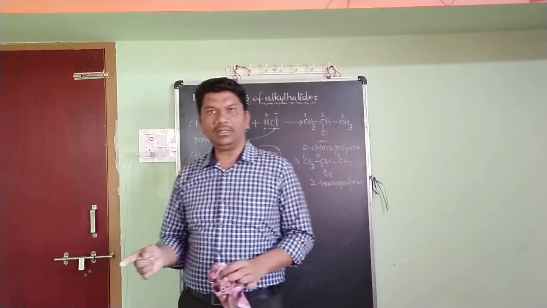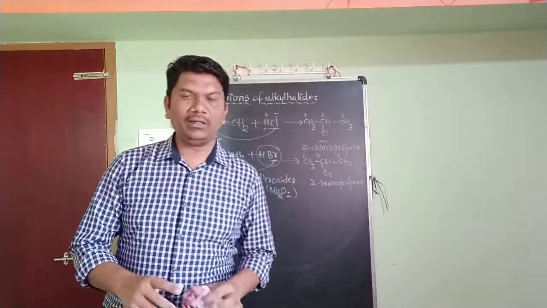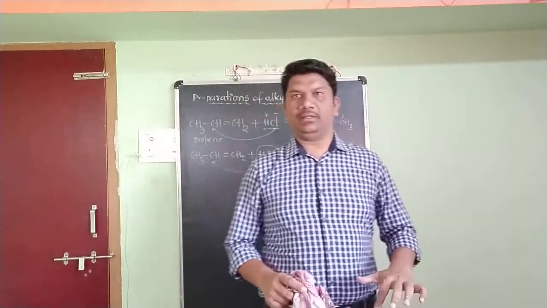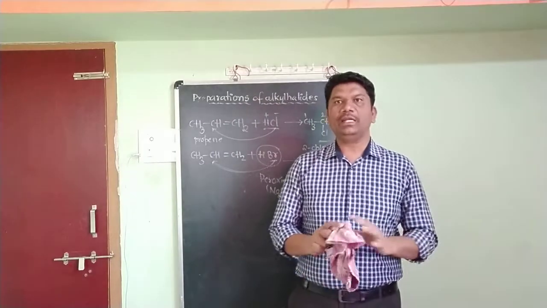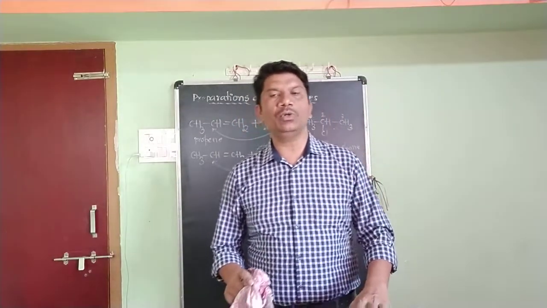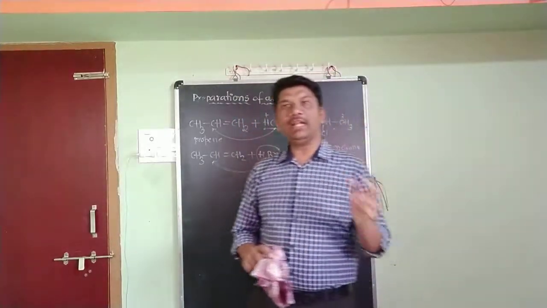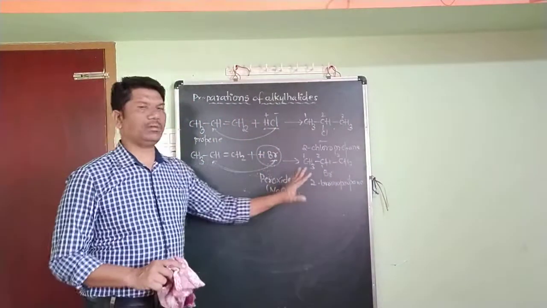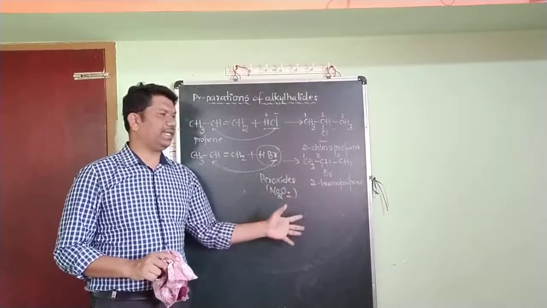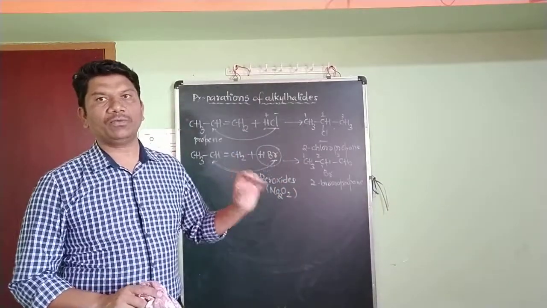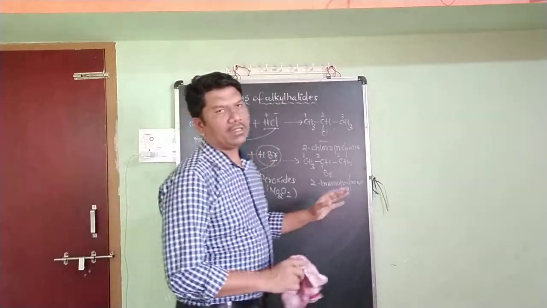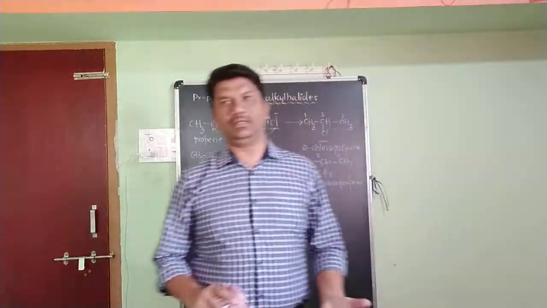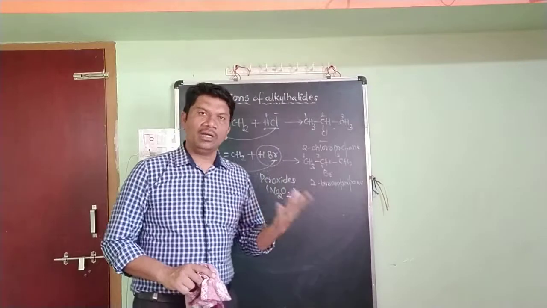The addition of HBr to asymmetric alkene in presence of peroxide will not follow Markovnikov's rule. It follows anti-Markovnikov's rule, meaning it gives the product against Markovnikov's rule. It is only in case of peroxides, therefore this effect is called the peroxide effect, or it is also called the Kharasch effect. Peroxide effect or Kharasch effect.